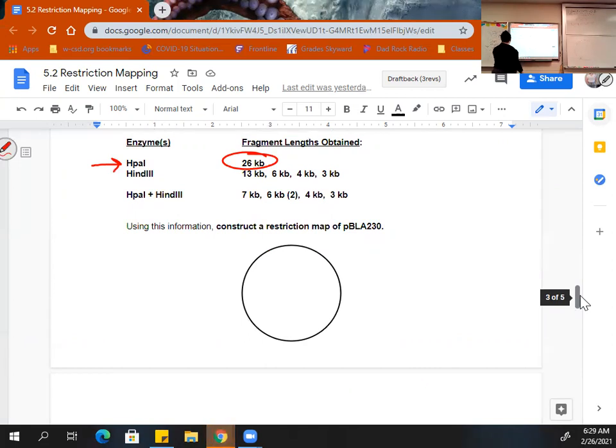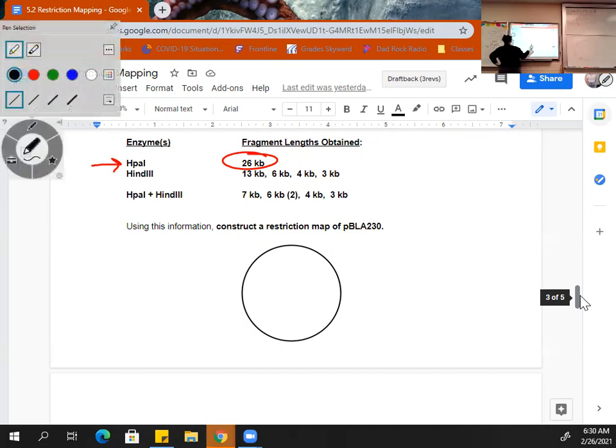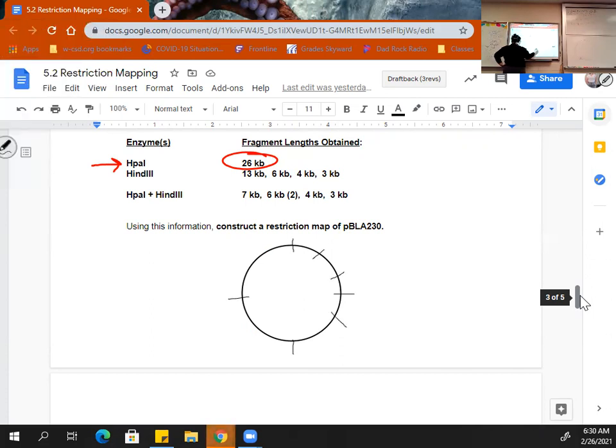What I tend to do is break this up into a clock. So I start with putting my 12, my 6, my 3, and my 9. Then we have 1, 2, 4, 5, 7, 8, 10, 11.